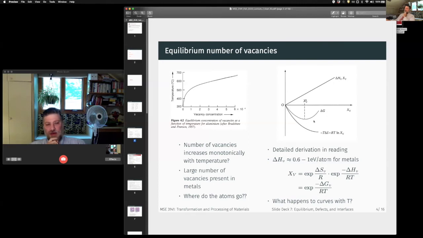I don't know about you guys, but one of the amazing things about materials to me is how many properties and issues with materials are directly related to the entropy. We don't think about this as normal everyday people. Entropy is not a huge consideration in our lives.